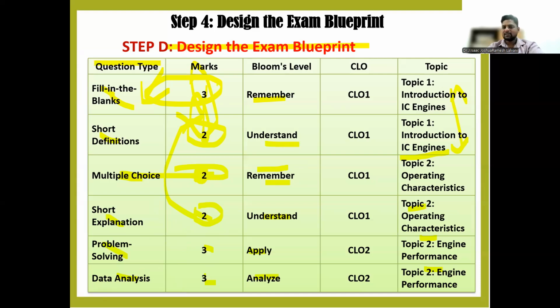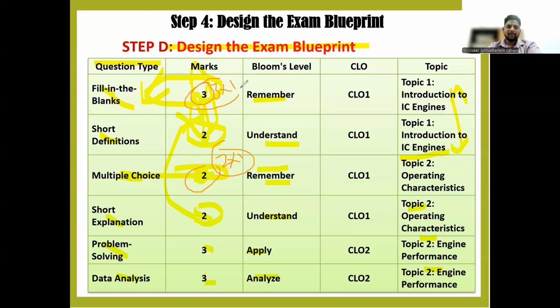So now I can see what the criteria of questions in my question paper will be. You can see 3 fill in the blanks, so 3 into 1, 3 points. Again, here 2 multiple choice, so we have 2 into 1.